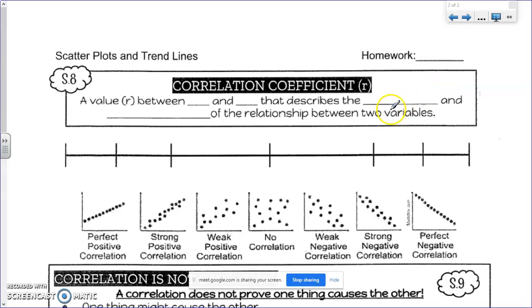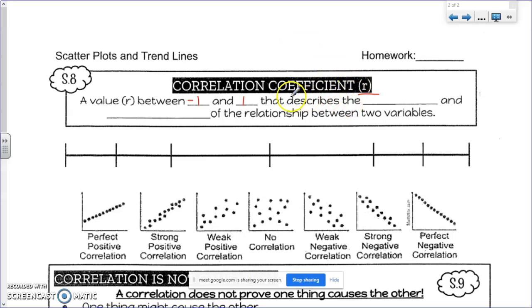Okay, so let's talk about the correlation coefficient. The correlation coefficient is labeled R. A value R is always between -1 and 1.